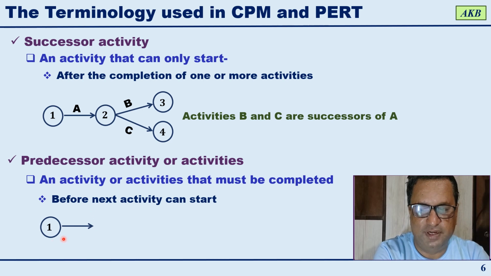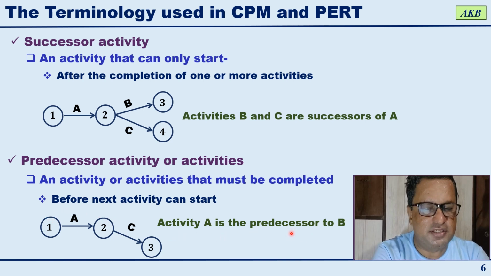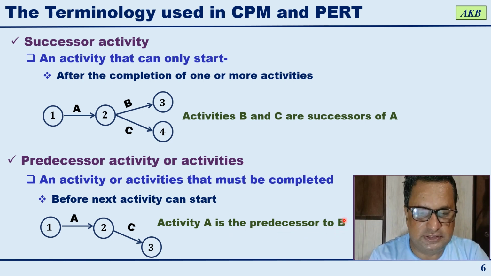Okay, so for example, let us talk about activity A. Activity A starts at event 1, it ends at event 2. Then after that, activity C starts and it ends at event 3. So in this particular simple diagram, we have talked about activity C. So you can see it in the diagram.